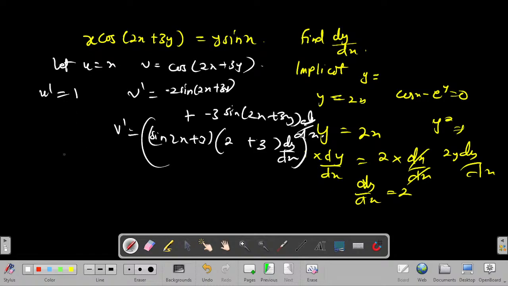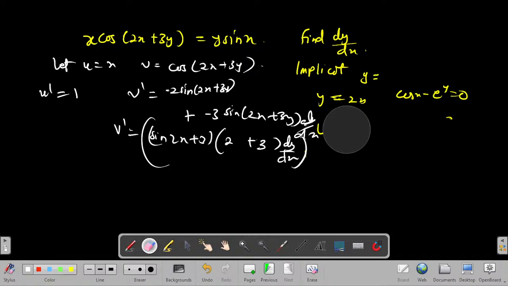Then you come and do your bigger equation, that truth. It's just the left side of it.